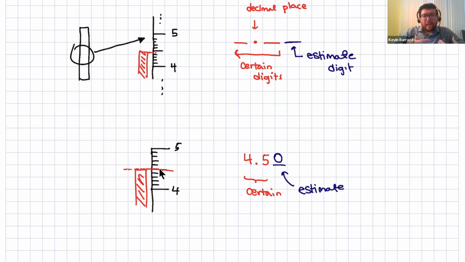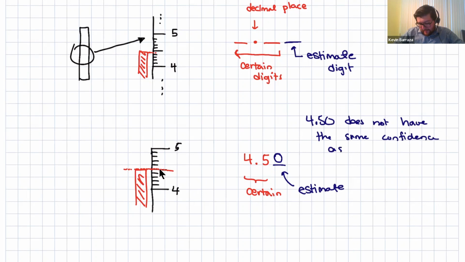If you need to estimate the space in between, but you say to yourself, wait a minute, I'm not in between, well, you still have to write a digit because 4.50 does not have the same confidence as 4.5. Notice without the 0.